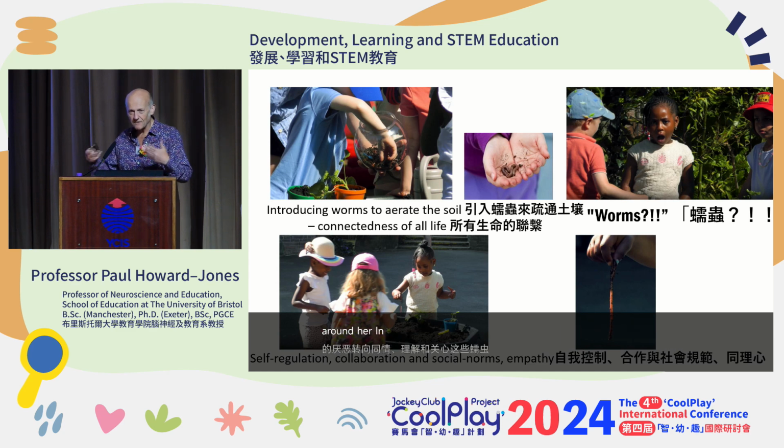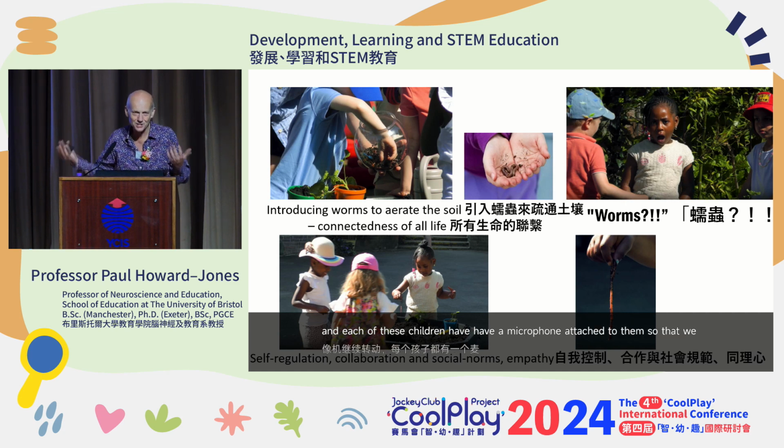In fact, after the task had finished, we kept the cameras rolling, and each of these children have a microphone attached to them so that we can record all their conversations, basically. We then edit that into a program which is broadcast on the television.